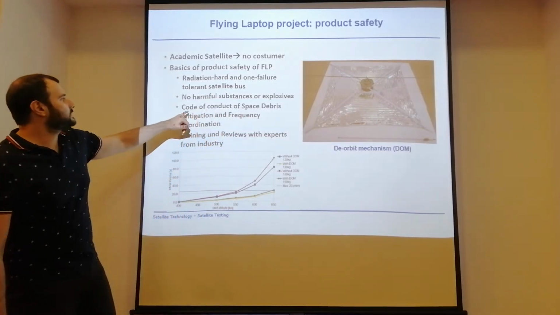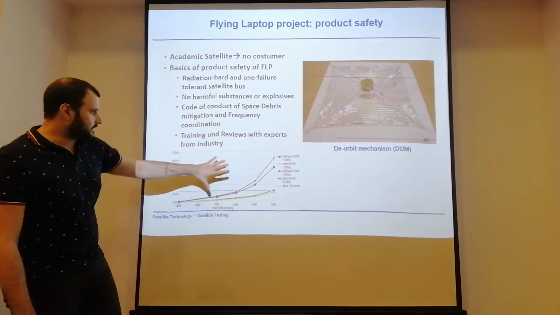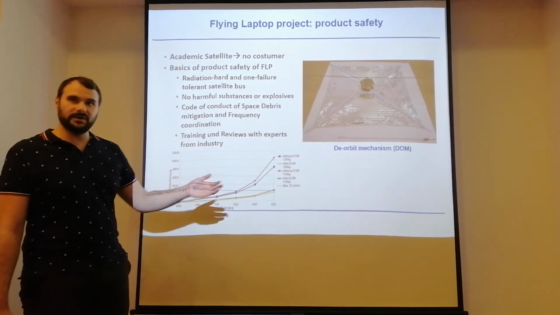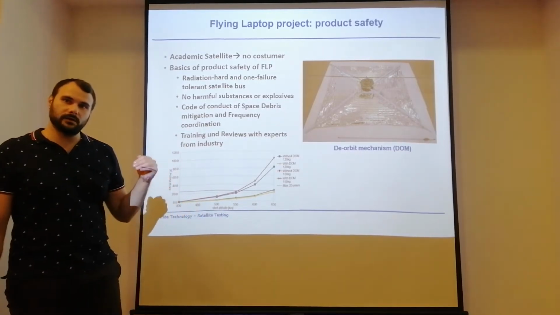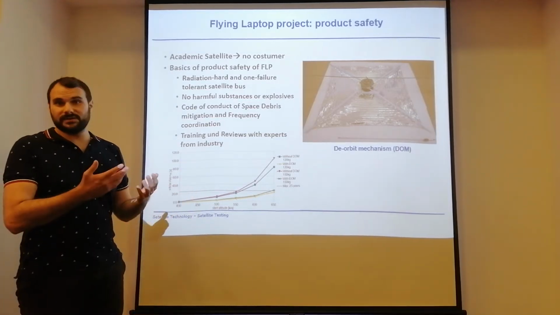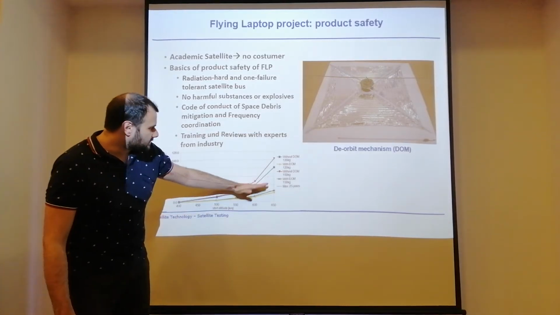For the space debris mitigation code of conduct, we see here a graph. It basically requires your satellite to re-enter after 25 years of your elapsed mission, to avoid space junk or space debris. And there were some simulations done.